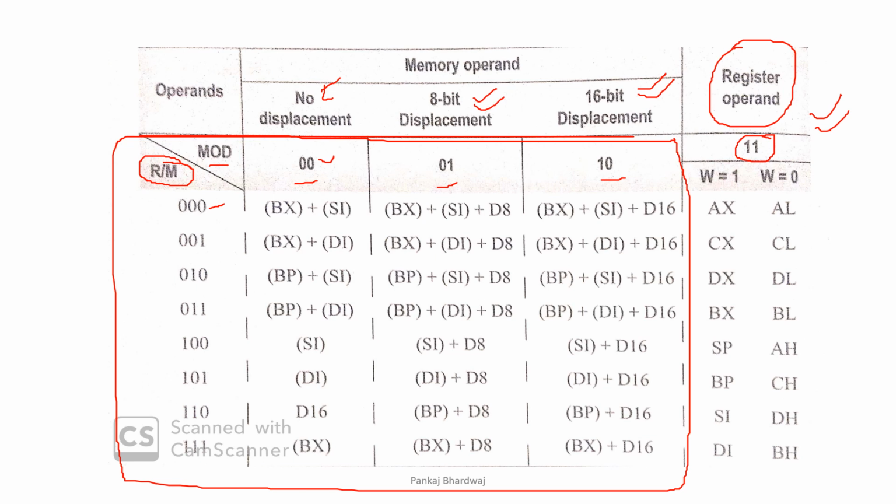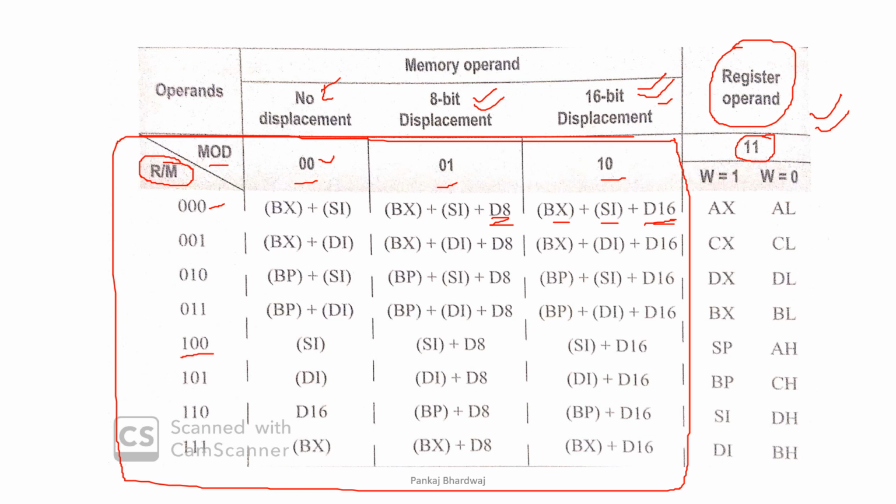Similarly, when the R/M field is 0 0 0 and the instruction contains 8 bits of displacement, the 8-bit displacement will be added to calculate the offset address of the particular memory location. And if it is 16-bit, with the same combination 0 0 0, BX plus SI plus the 16-bit data, we will be calculating the offset address.